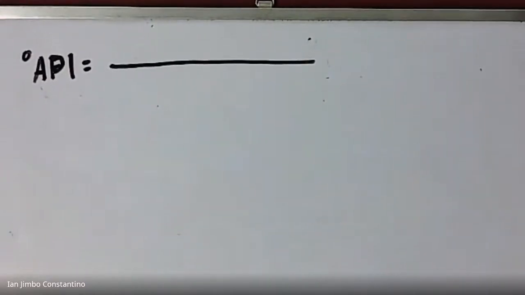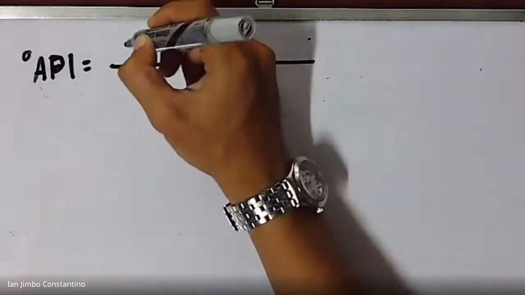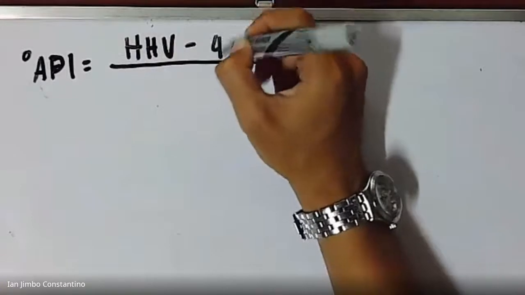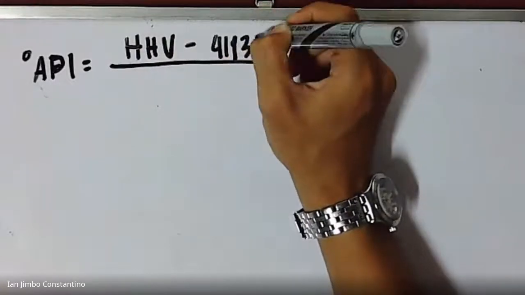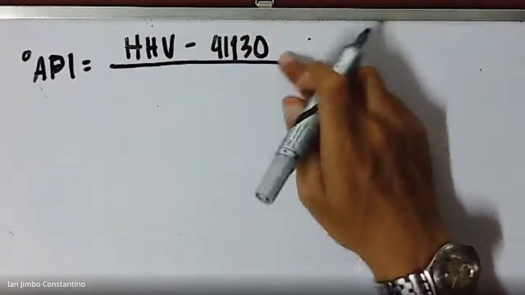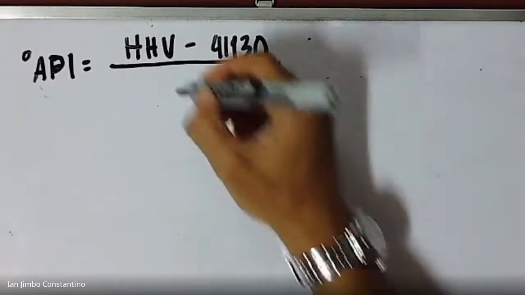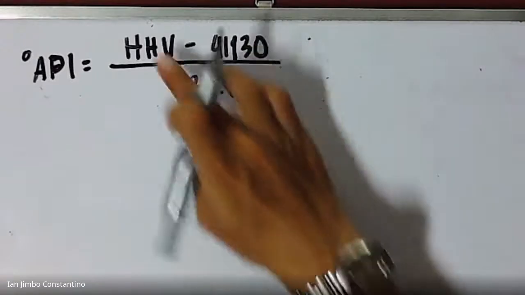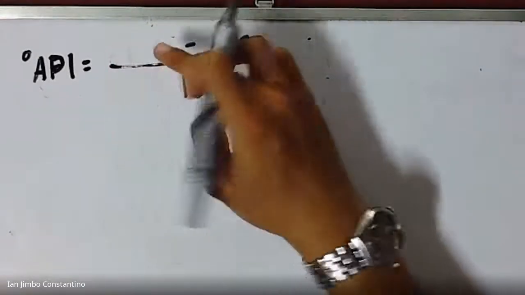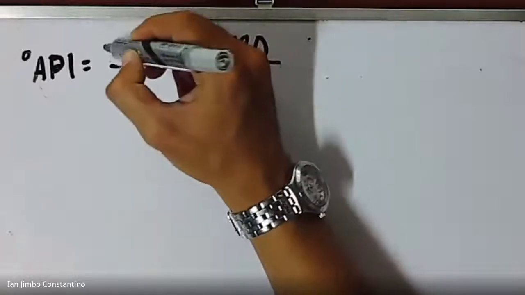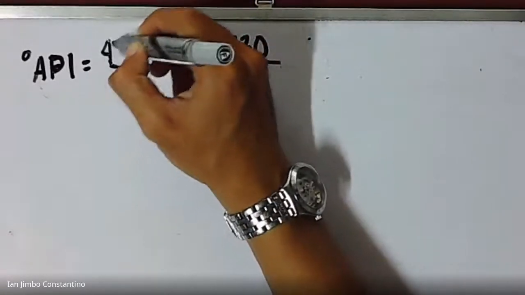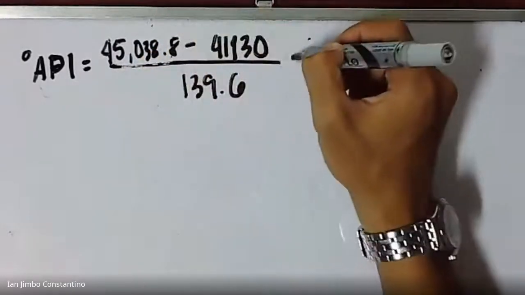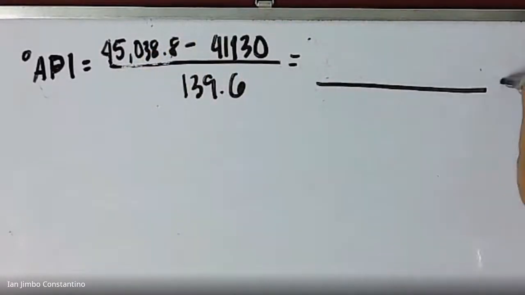The degree API will be the higher heating value minus 41,130 divided by 139.6. But the given value is 45,038.8 for your HHV. Okay. This is A.